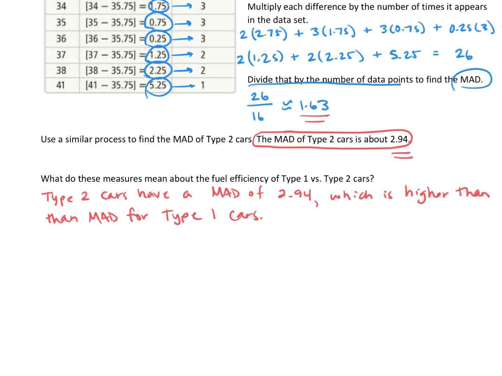So what that means is there is more variation with type 2 cars. Which could mean that the expected fuel efficiency is less reliable for type 2 cars.